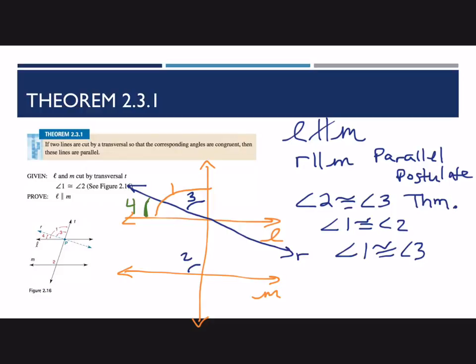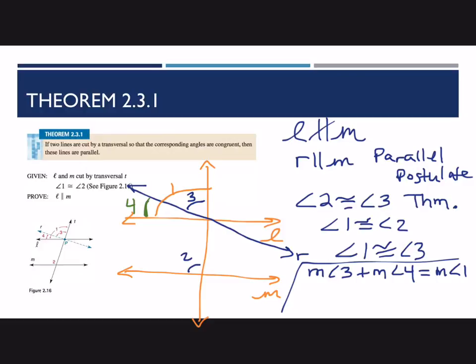We know next from the diagram that the measure of angle 3 plus the measure of angle 4 equals the measure of angle 1.